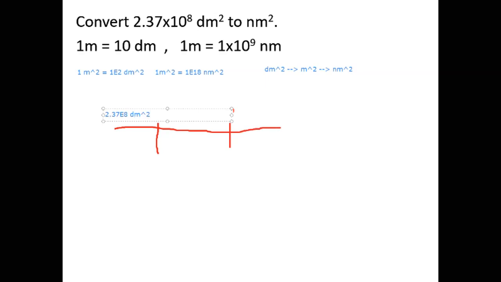And again, we're going from a relatively large metric prefix to a smaller metric prefix, so our exponent power should increase. Since we're starting with decimeters squared, it goes on the bottom. Meter squared goes on top.